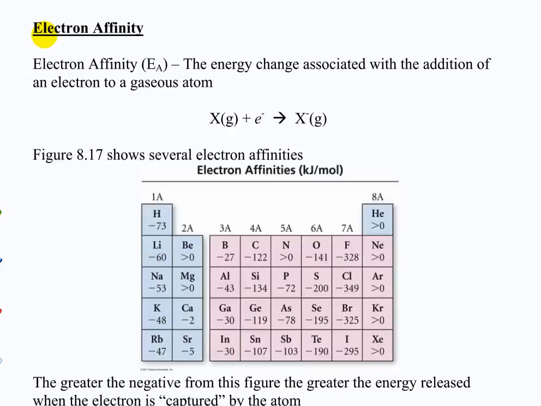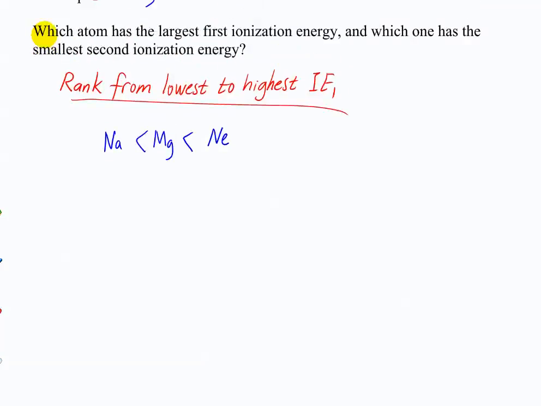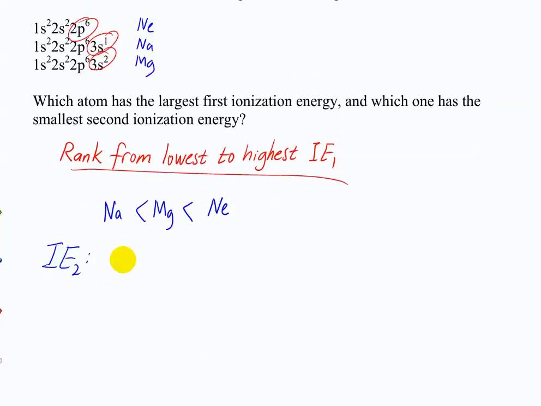Can you rank this like ionization? So for the second ionization energy, the smallest second ionization energy, the one we just discussed, is going to be magnesium. So then what do you think is going to be higher ionization energy?